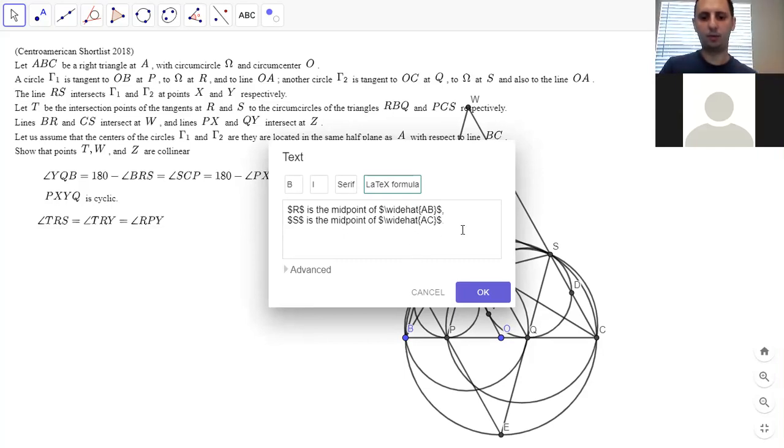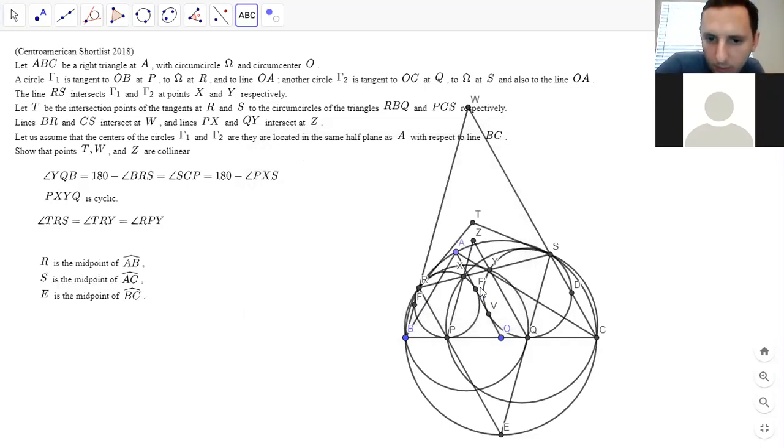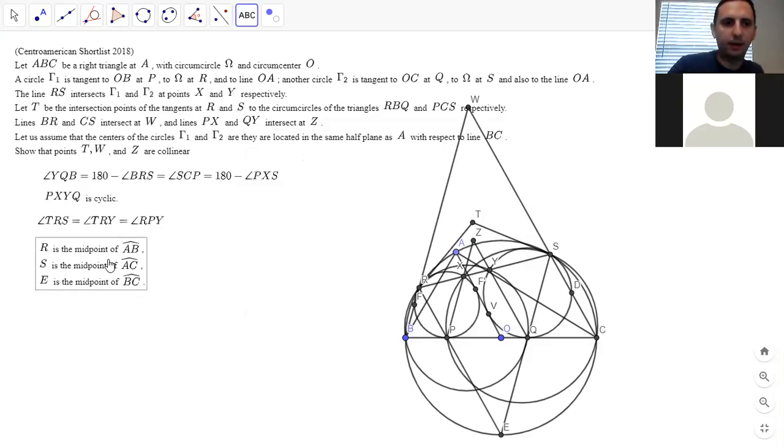And E is the midpoint of BC. So then by an angle chase, arc RS is equal to arc CE. Yeah. Okay. So actually, it's easy.